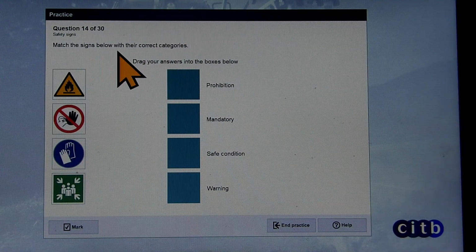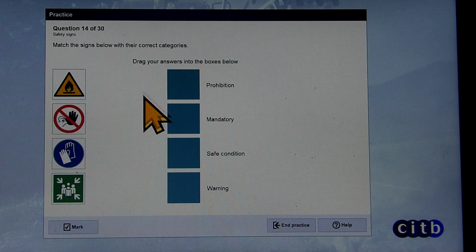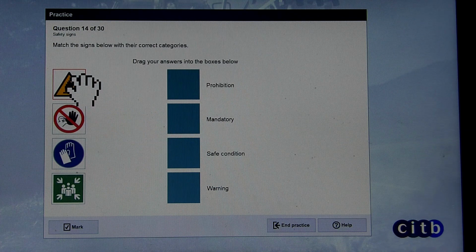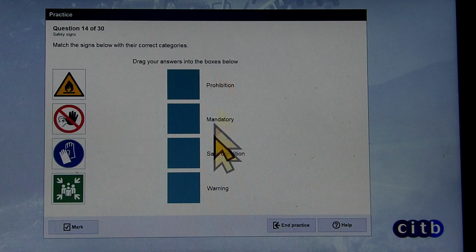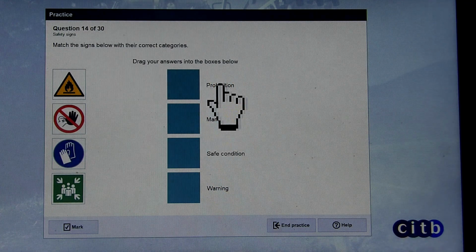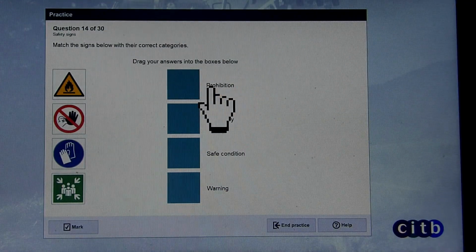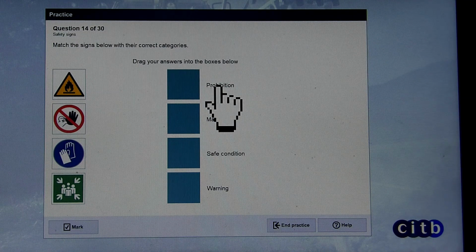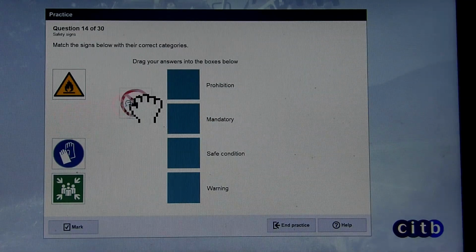Match the signs below with their correct categories. We need to match them. We need to drag the correct picture to the names over here. For instance, prohibition is a red circle.